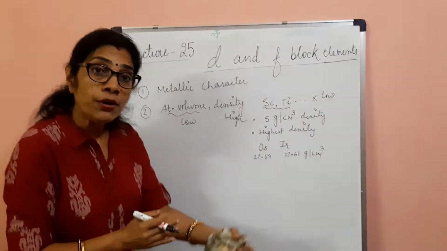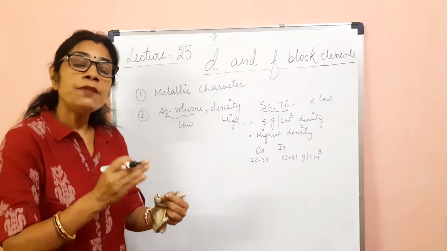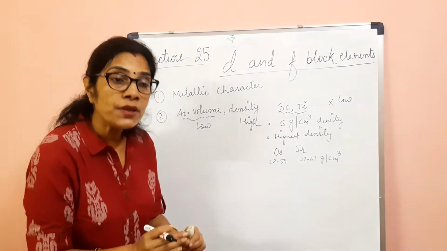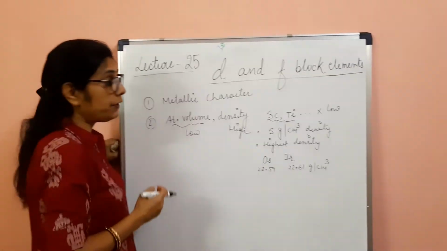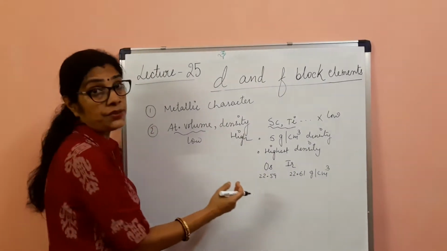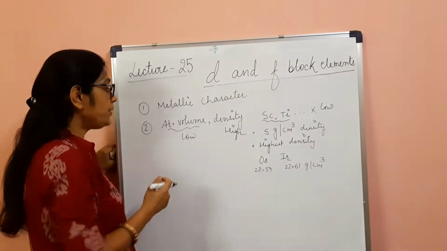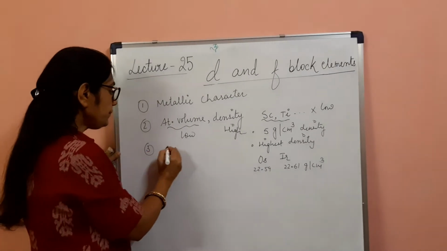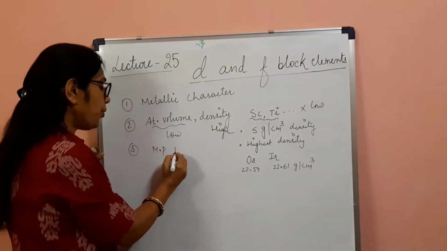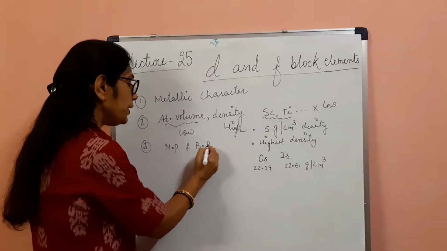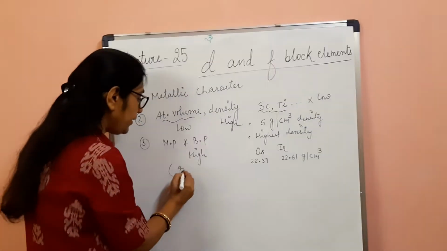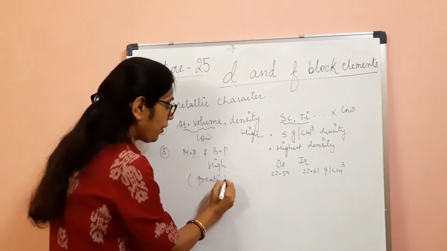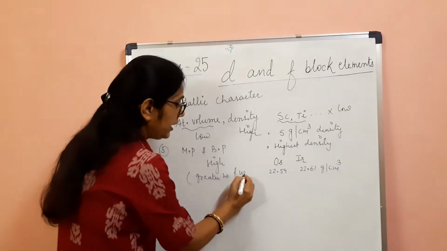When they have strong metallic bonding, the energy required to break these bonds will naturally be high, and that is why they have high enthalpy of atomization, high density, high melting and boiling point, and so on. So naturally their melting point and boiling point is also very high. Why is it high? As they contain a greater number of unpaired electrons.